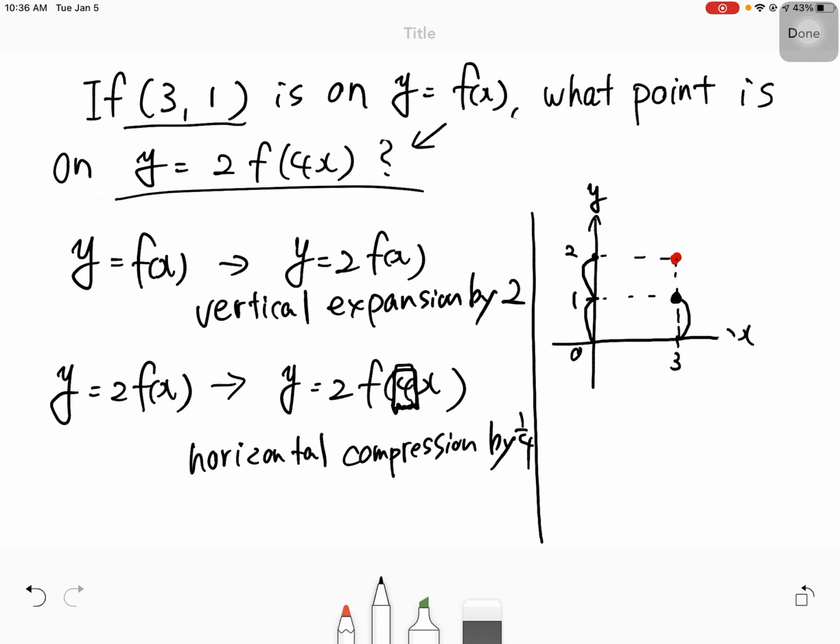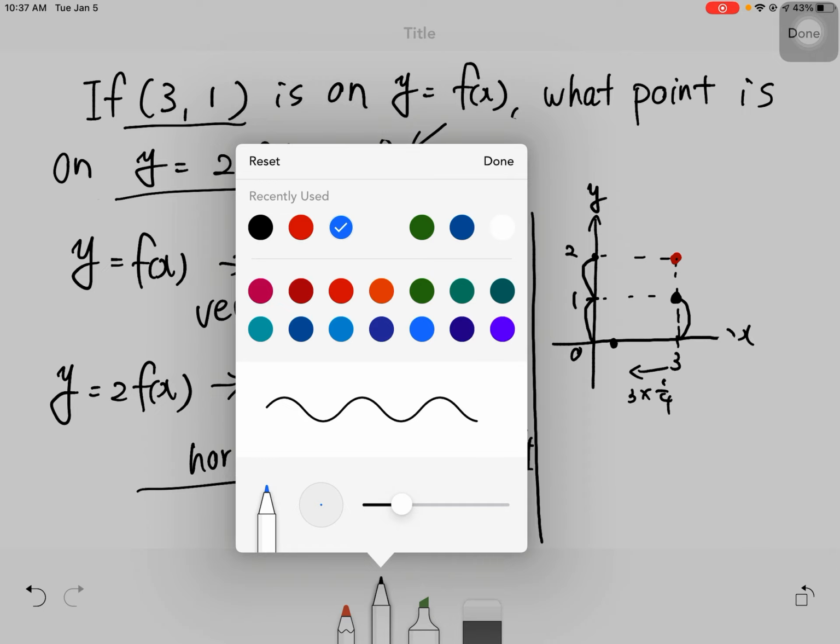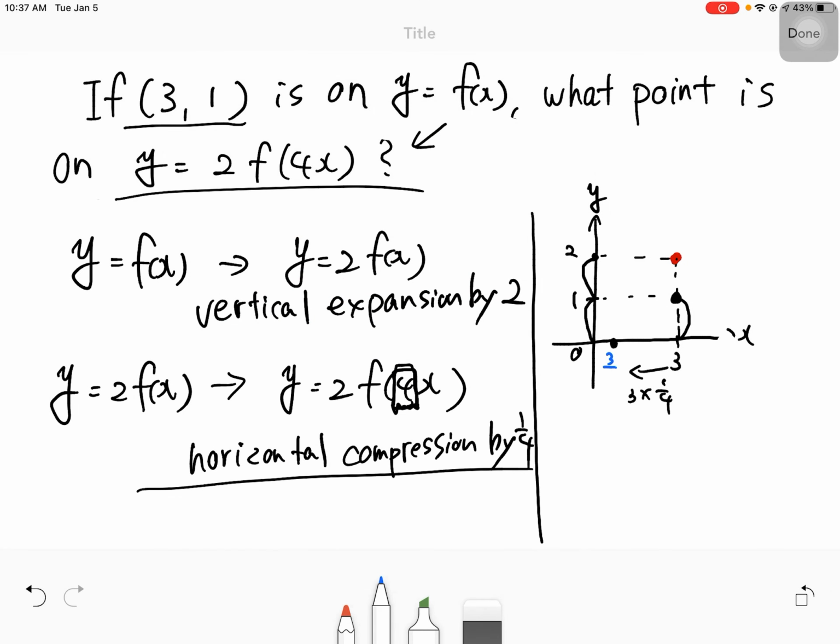So again, let's move this red point. This doesn't move vertically because it is horizontal compression. So 1/4 multiplied by 3, 3 multiplied by 1/4 is 3/4.